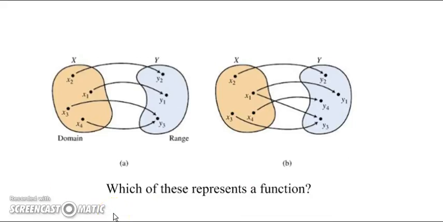I hope that you chose B as, A is a function, B is not a function. If we look at the domain element x1, it's being mapped or paired with y1, but it's also being paired with y3. So it is not assigned to a unique element of the range.